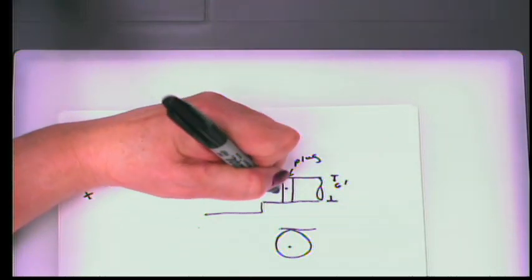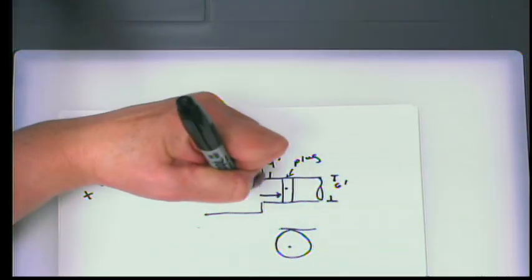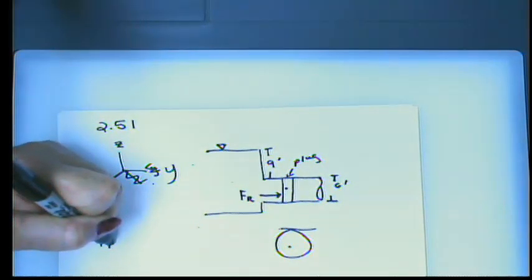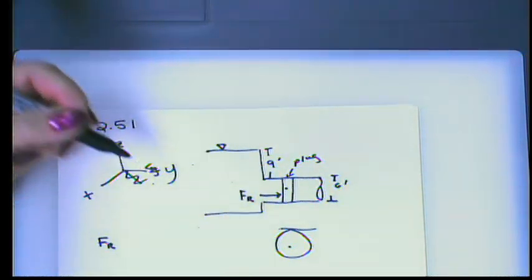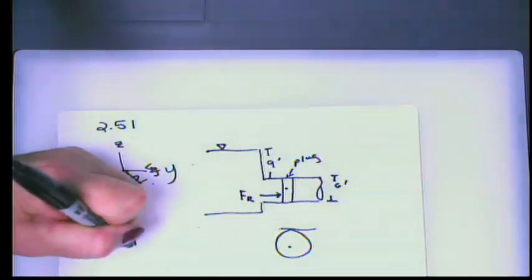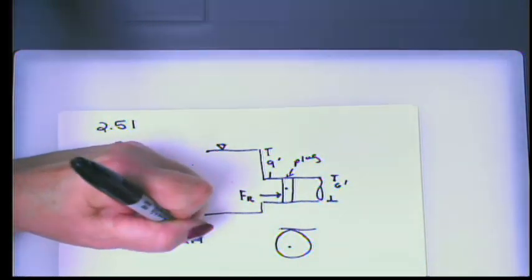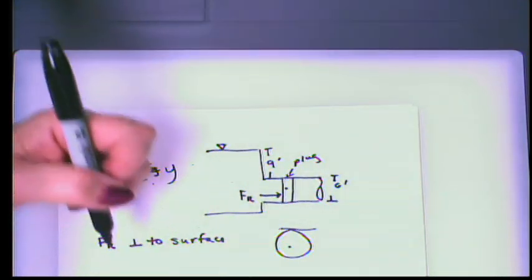Okay, so we know a couple of things. We know that we're looking for F sub r, the resultant hydrostatic force. We also know that it's going to be perpendicular to the surface of the plug, because if it wasn't, it would not be static.